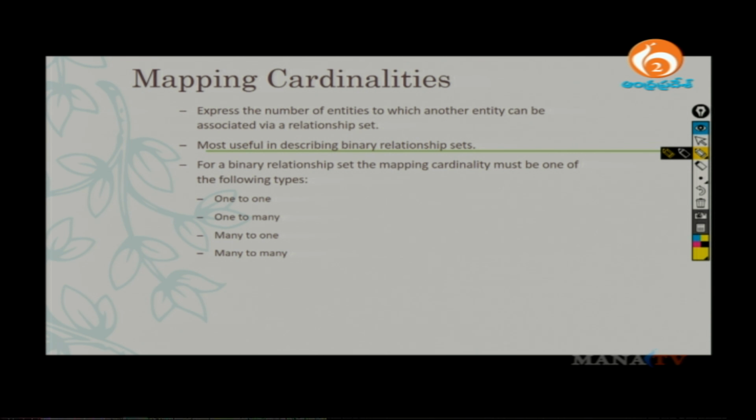Most useful for describing this is the binary relationship set, which consists of one to one, one to many, many to one and many to many. Please, if possible, note down all these 4 important things. Mapping cardinality is based on the terminology of relationships, mostly on binary ones, and there are 4 different binary relationships: one to one, one to many, many to one and many to many. Please copy it.